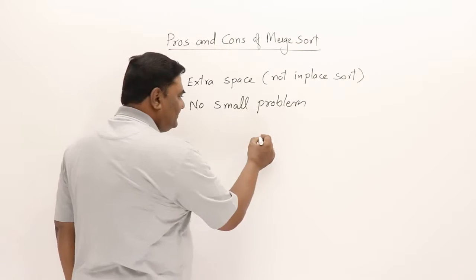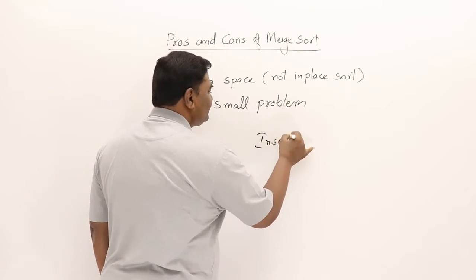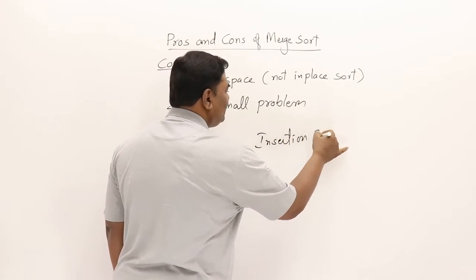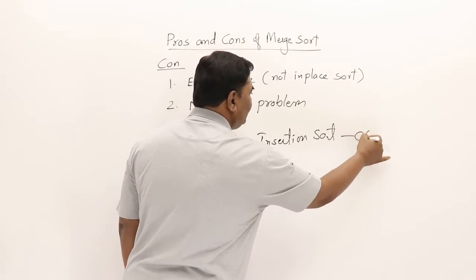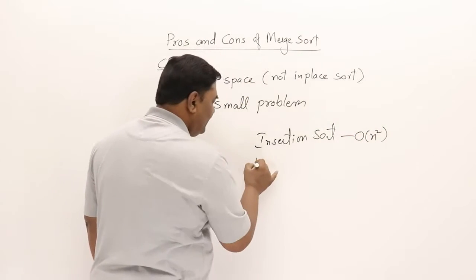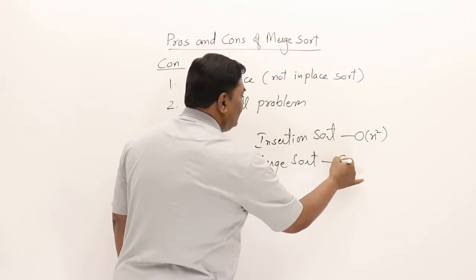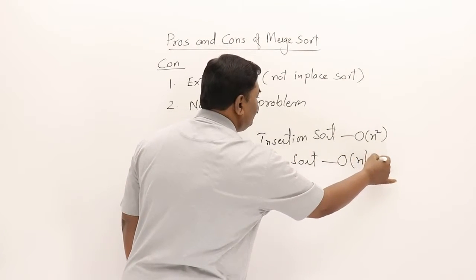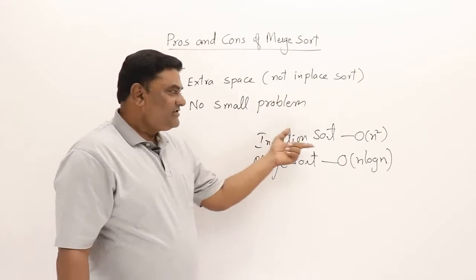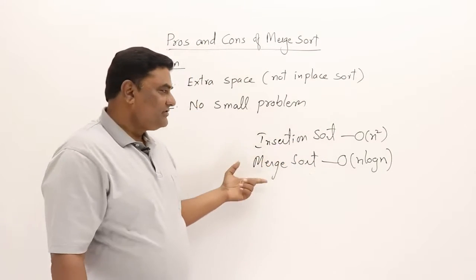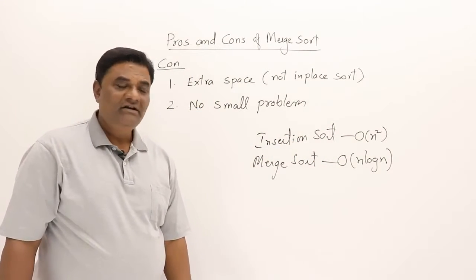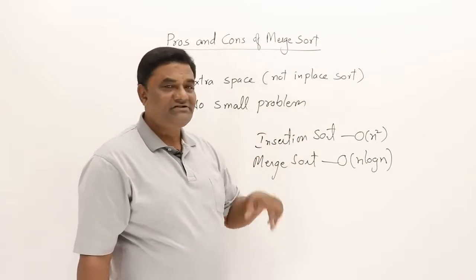For example, insertion sort. Insertion sort takes order of n square time and merge sort takes order of n log n time. So merge sort is much faster than insertion sort.